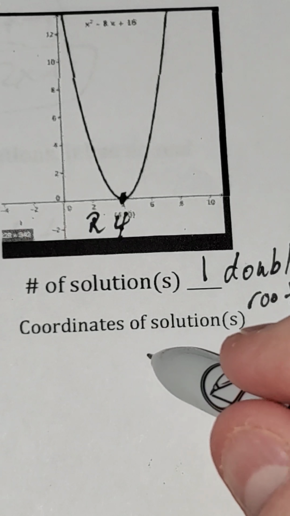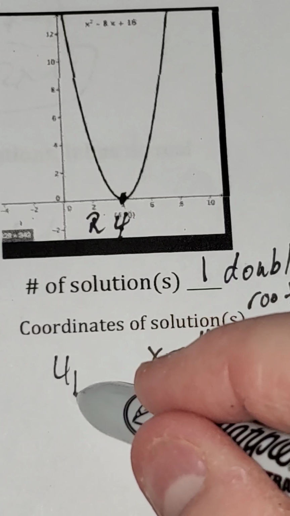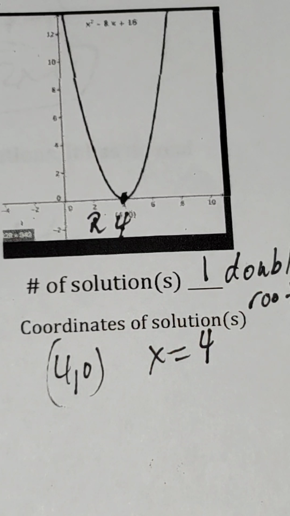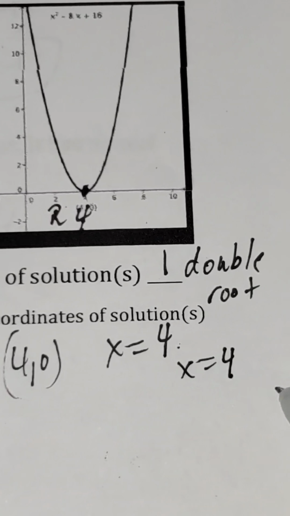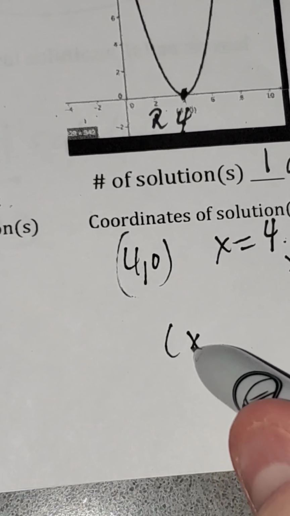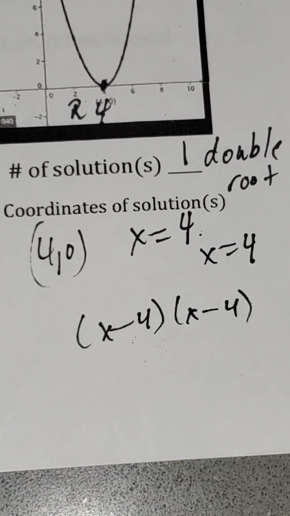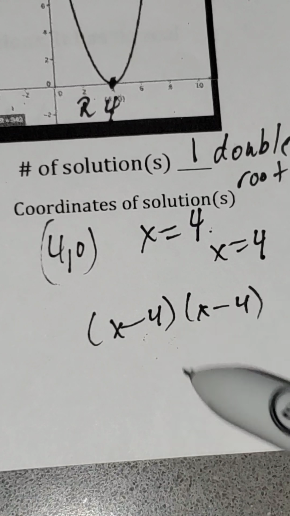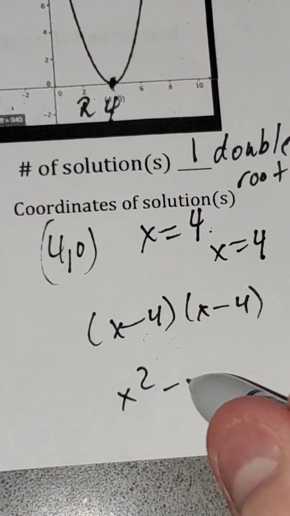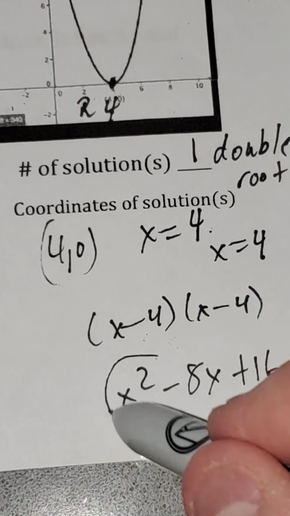So the double root is located at x equals 4, or at (4, 0) is the actual coordinates. Since it's a double root, that means x equals 4 and x equals 4. If you're so inclined to solve these out and find the equations, you do positive becomes negative in here, this positive becomes negative in here, and you wind up with x squared minus 8x plus 16.